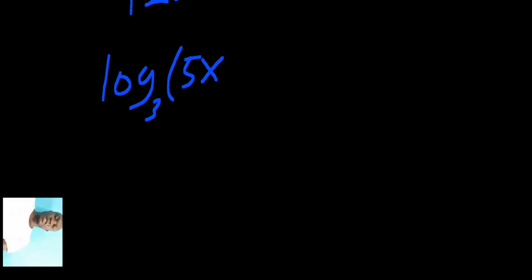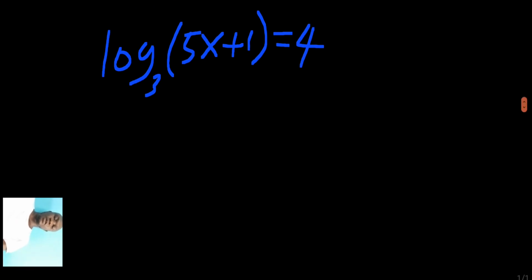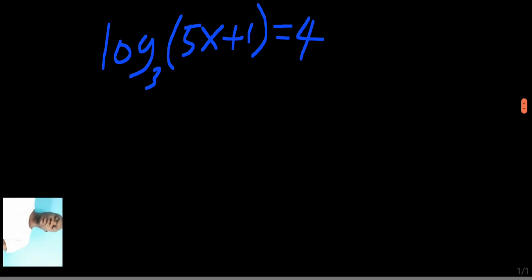Okay, let's say we have log base 3 of 5s plus 1 equals 4. Please, you can pause this video and try this work on your own before you come and have a look at the solution. Okay, so this is the base.